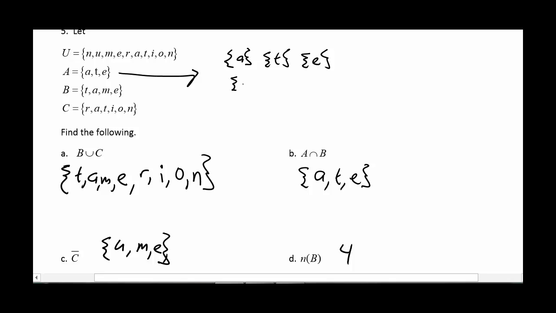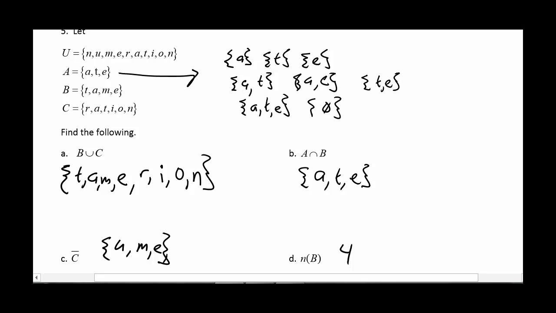I could do elements of 2, so AT, AE, and TE. I could do all 3 elements, A, T, and E, or I could do none of the elements, so the empty set. So all of those would be considered subsets of ATE.